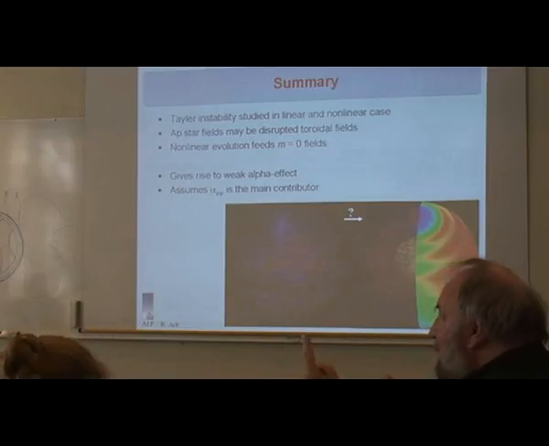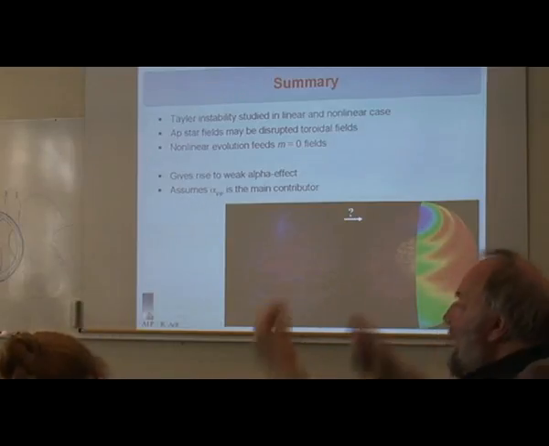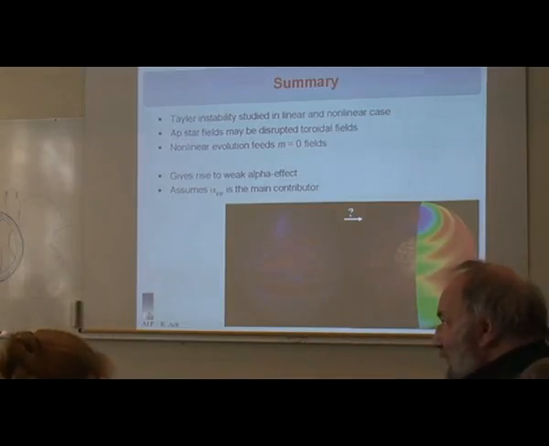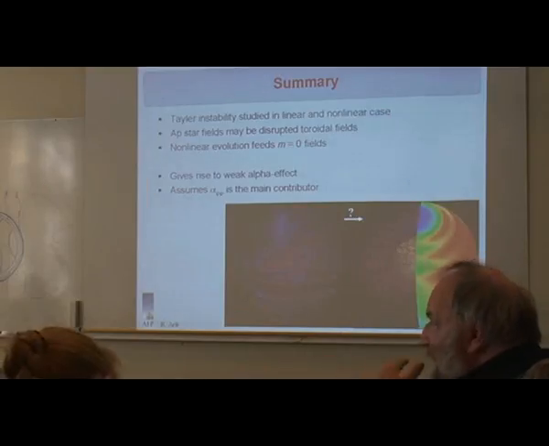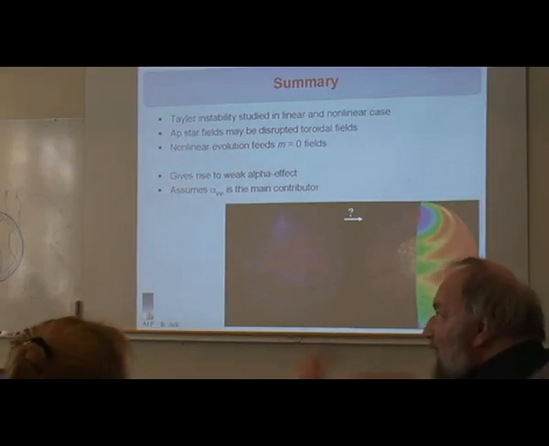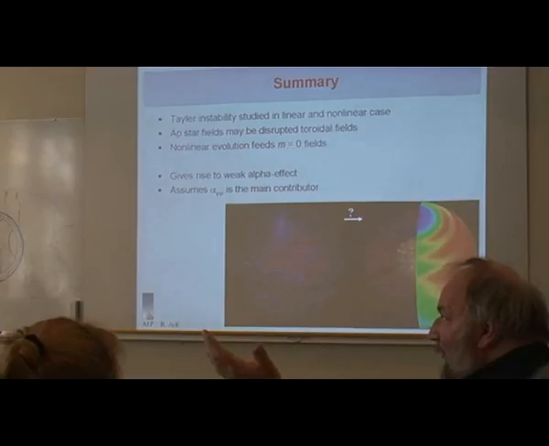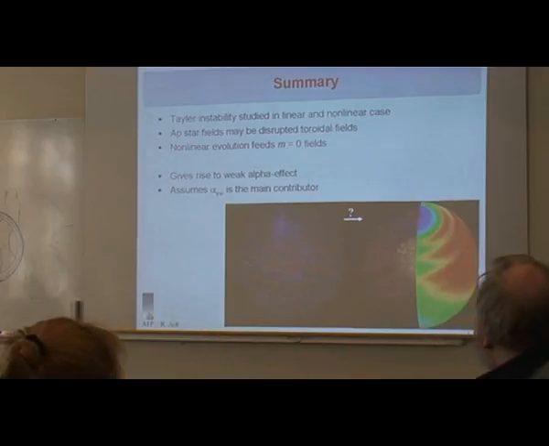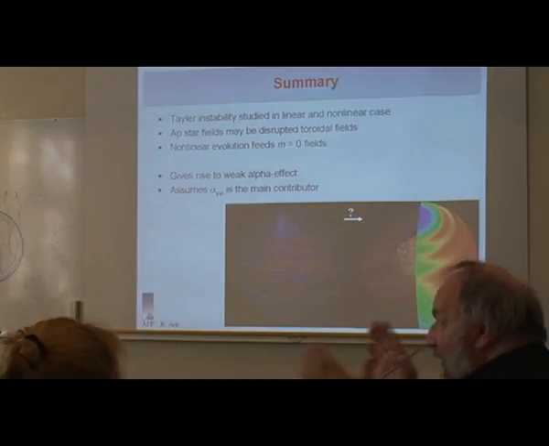And remember, the differential rotation stabilizes the Taylor instability. That means if after 10 million years the differential rotation no longer exists, then there is a strong toroidal field and the Taylor instability can work. And this is an idea to explain why AP stars are unstable stars.